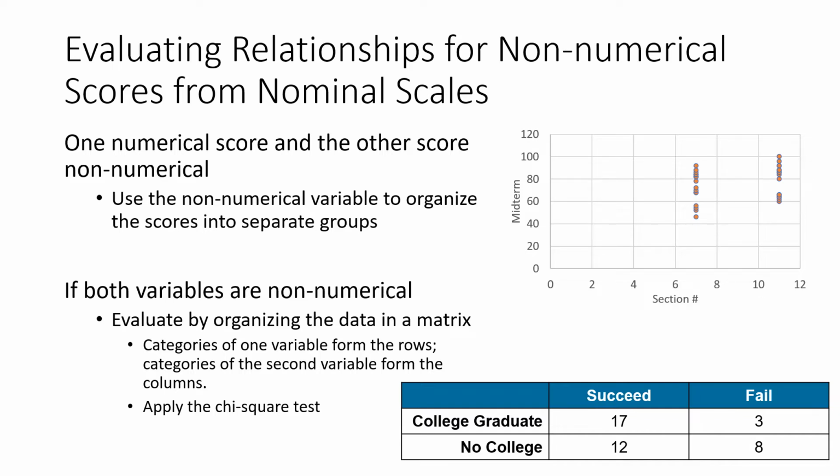But we've got these two variables here in this case, the section for a class and the score on a midterm. We've got two different sections here, and then the scores on the midterm for each of those. So you can do it in this way.